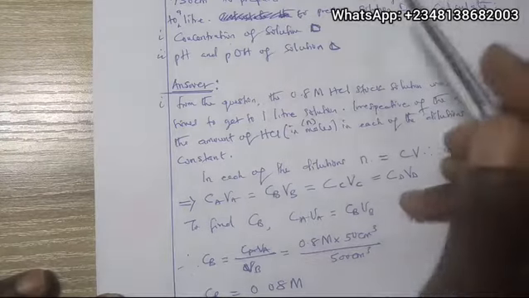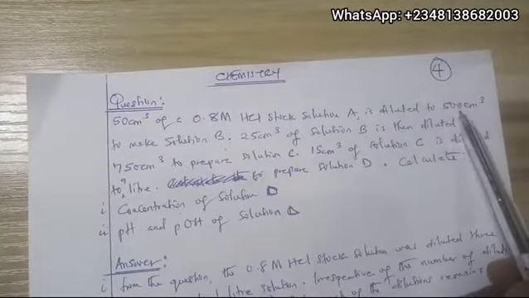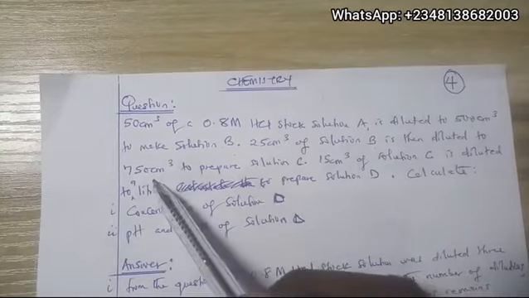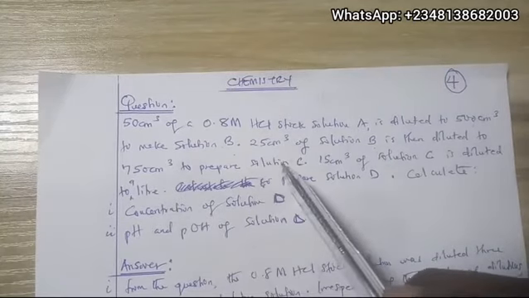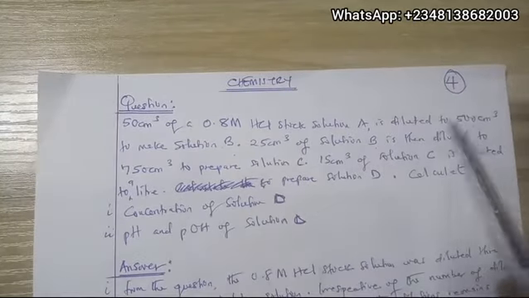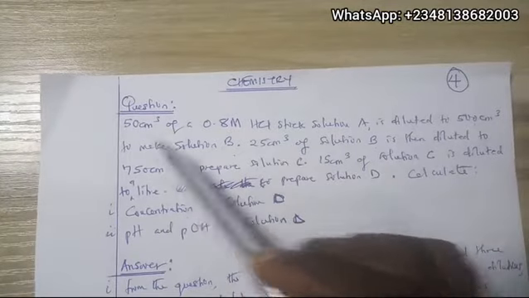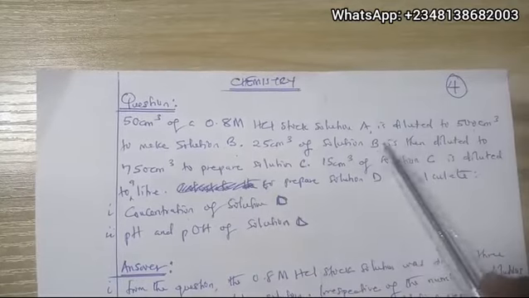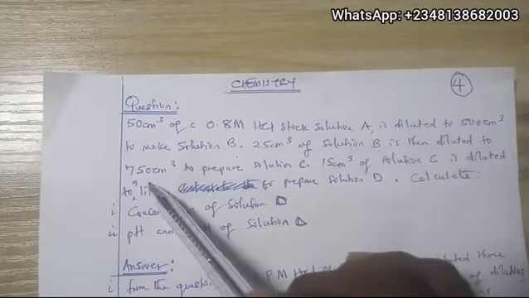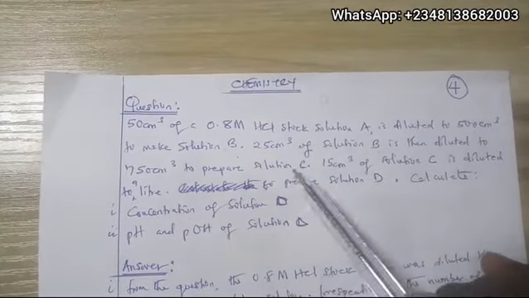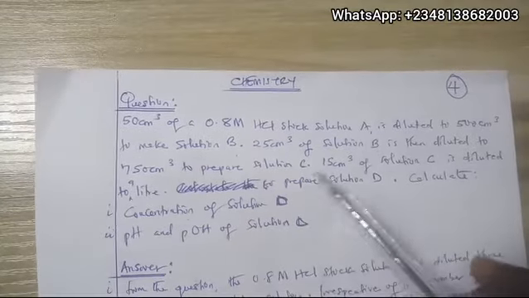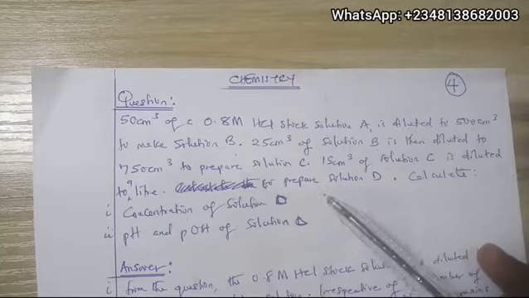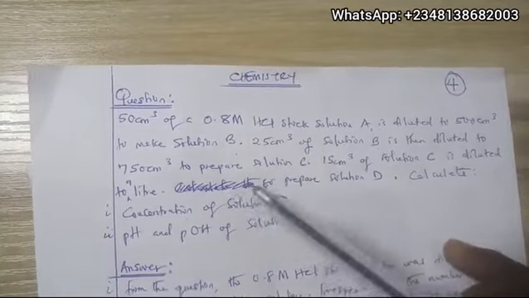So 50 cm³ of solution A, 500 cm³ of solution B, 750 cm³ of solution C, no matter the volume, contains the same number of moles of hydrochloric acid.